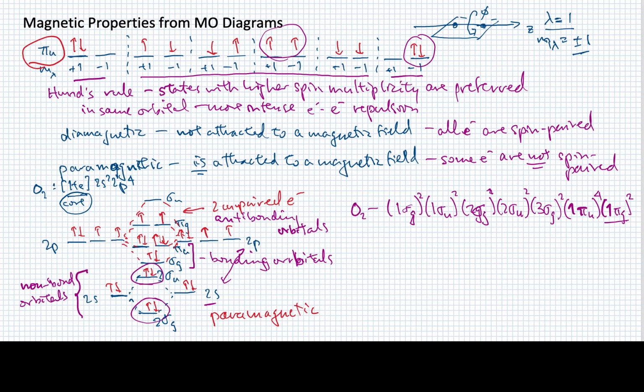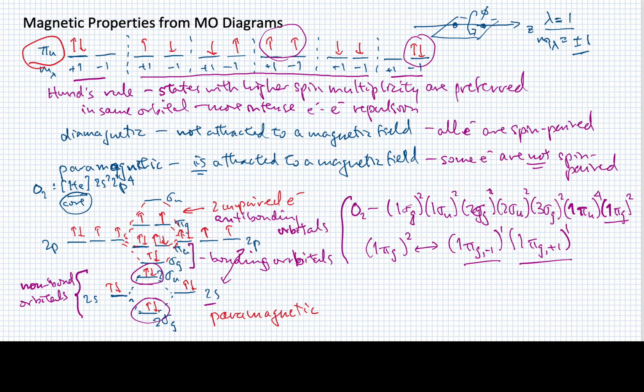So another way we might write this, instead of 1 pi G2, is 1 pi G minus 1 with 1 electron in it, and 1 pi G plus 1 with 1 electron in it. So this would basically tell us for sure that these 2 electrons are not spin paired in the case of the oxygen molecule. They're separated and cause the molecule to be paramagnetic. All right, so this gives you a little bit of an exercise in how to construct these diagrams.